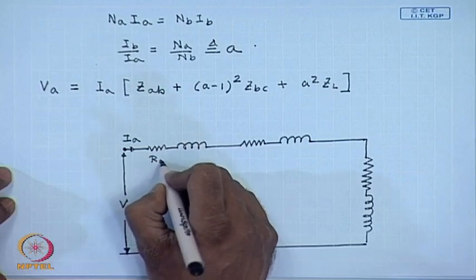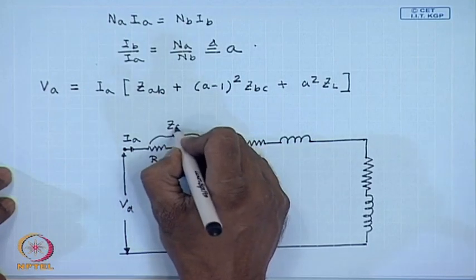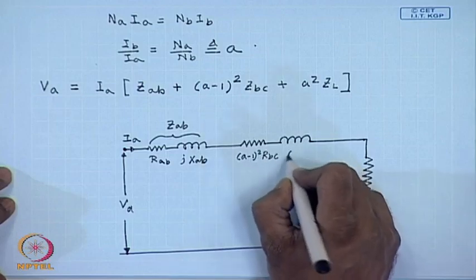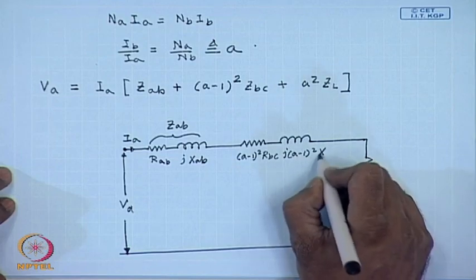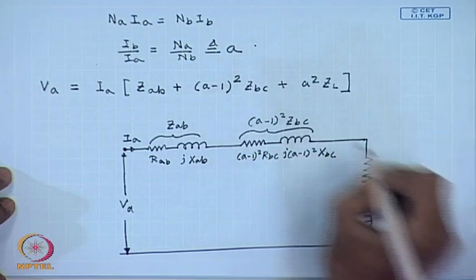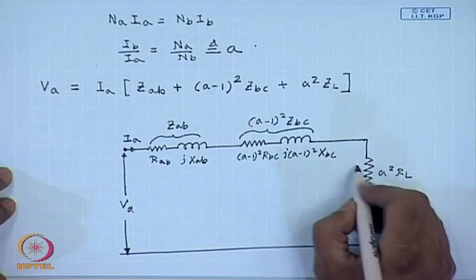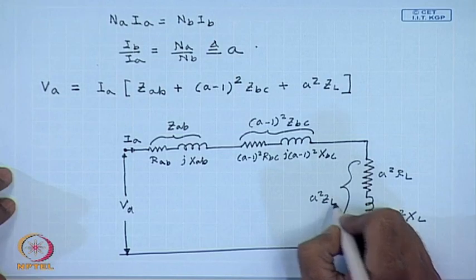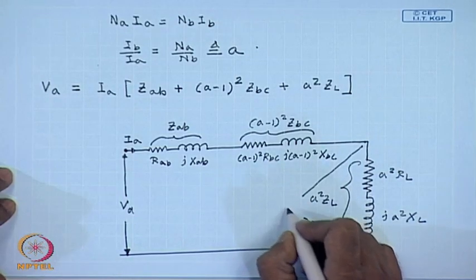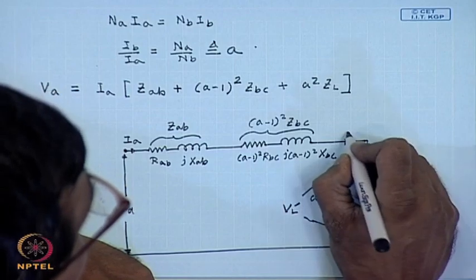This is R A B, this is J X A B, where this quantity is Z A B. This is (A minus 1) square R B C, this is (A minus 1) square J X B C, hence this part is (A minus 1) square Z B C. This is A square R L, this is J A square X L, hence this quantity is A square Z L. This is the referred load voltage V L dash, and this is the referred load current I B dash.